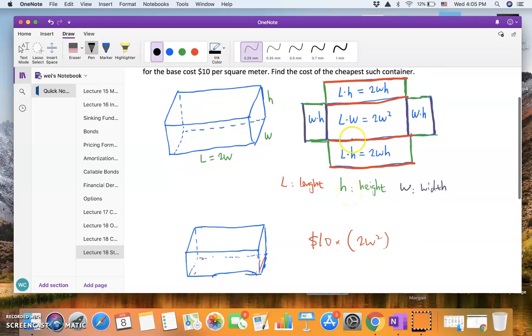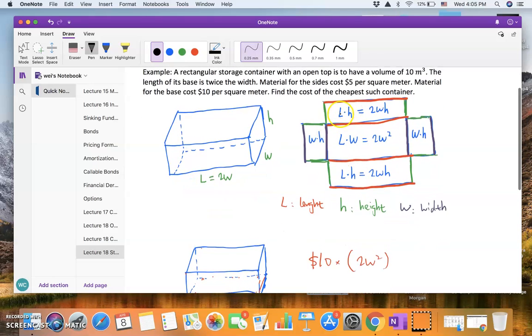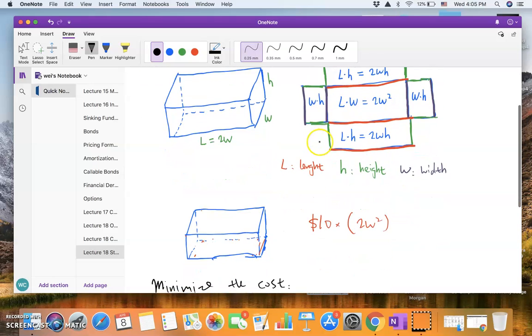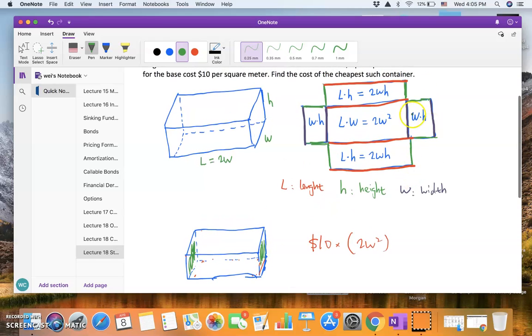Then let's take a look at the cost for each side. The cost for these two sides: for each side, the area is the width times the height, which is WH.